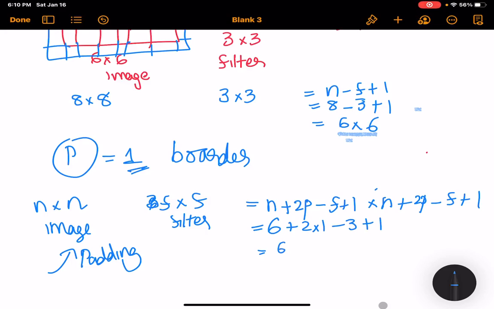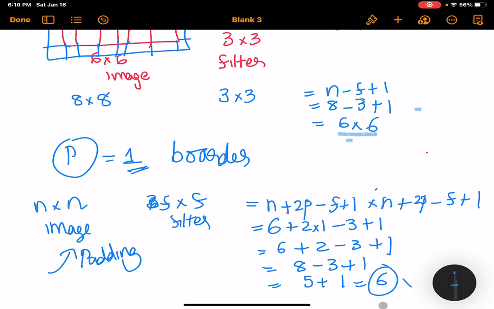So that is 6 plus 2 minus 3 plus 1, that is 8 minus 3 plus 1, which is equal to 5 plus 1, which is 6.